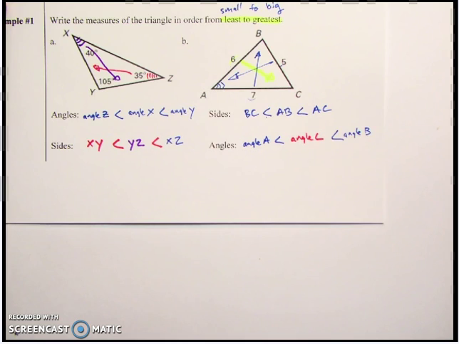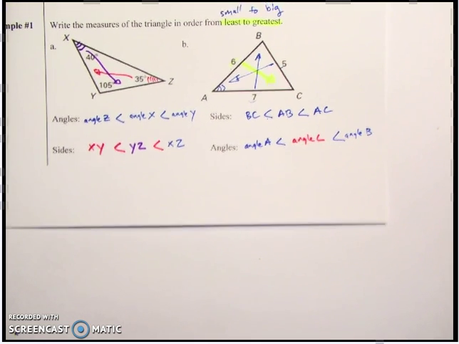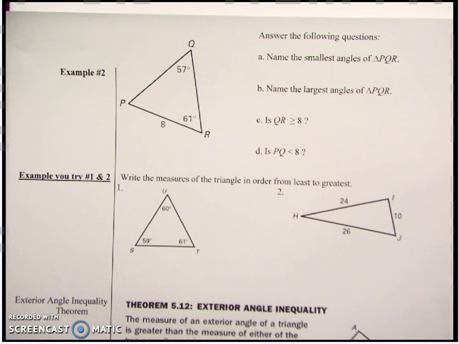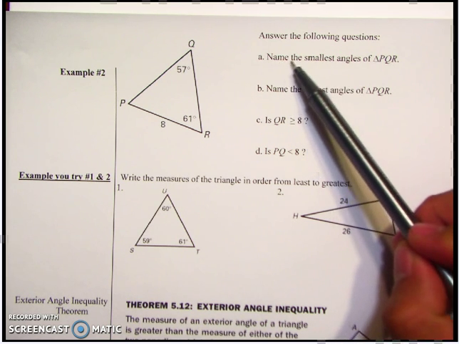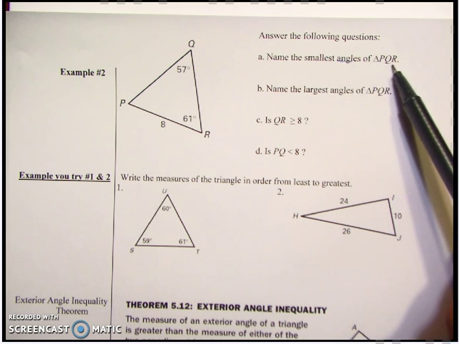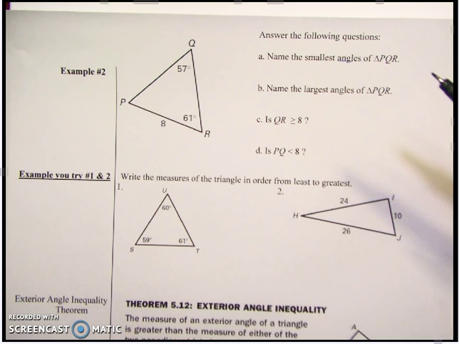Let's go ahead and try this one more time, see how we do. So look at example 2. They actually answer the following question. The first question they asked was, name the smallest angle of triangle PQR. So here's triangle PQR.